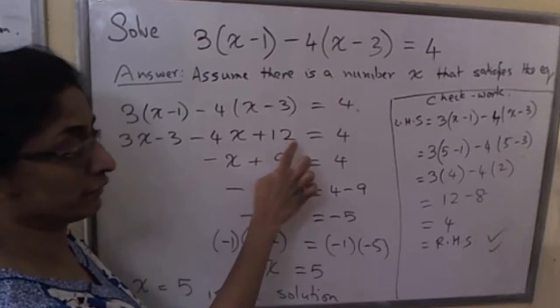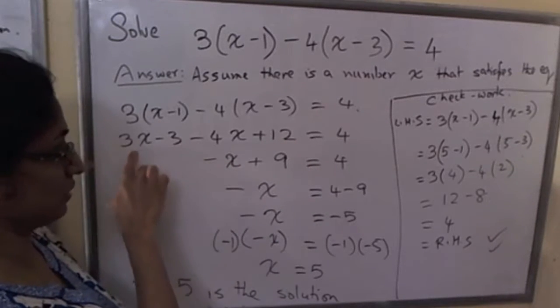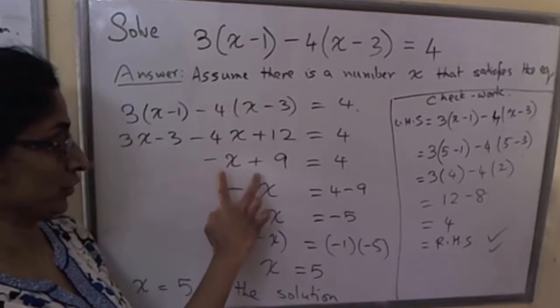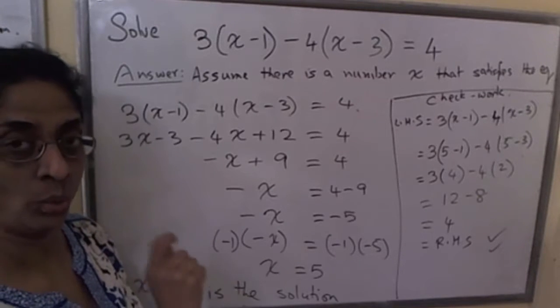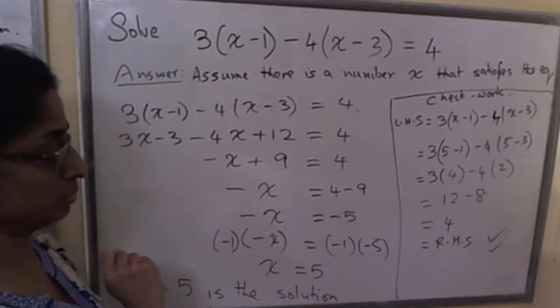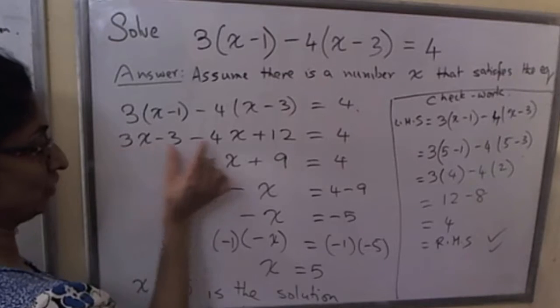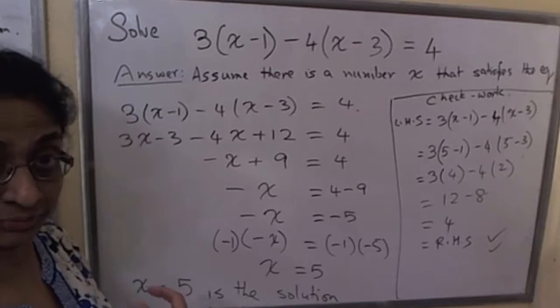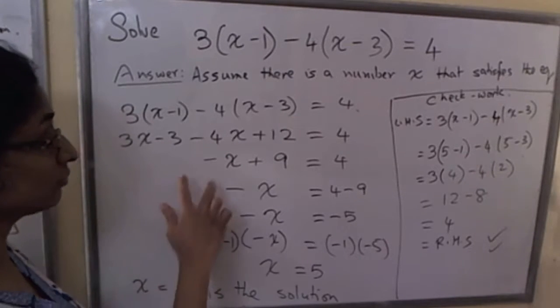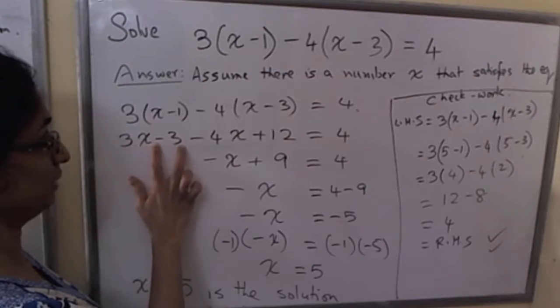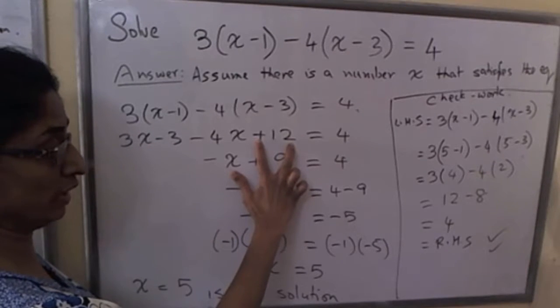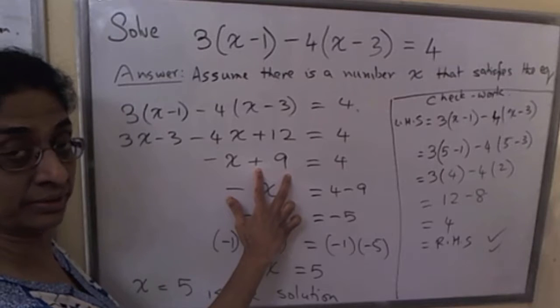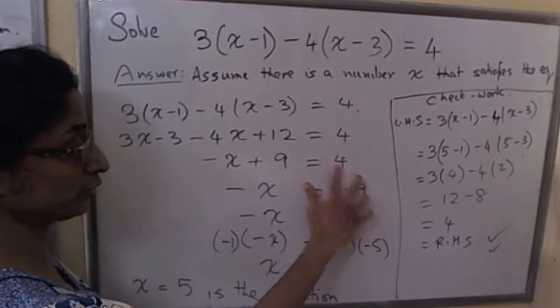You're better off spending your time simplifying this expression to something clean like this. Once again, applying the distributive law, we can combine 3x minus 4x, combining like terms, to get negative x. Similarly, negative 3 plus 12 gives us this plus 9 out here, equals 4.